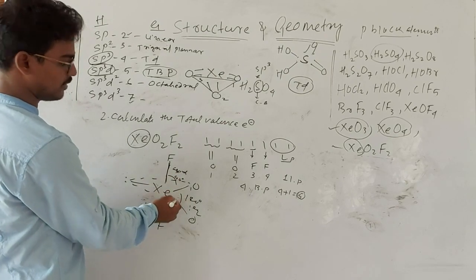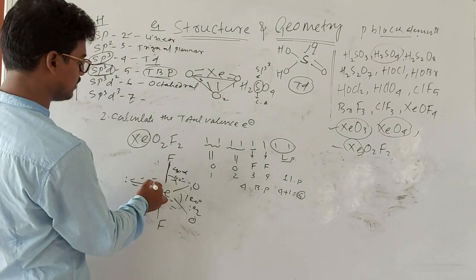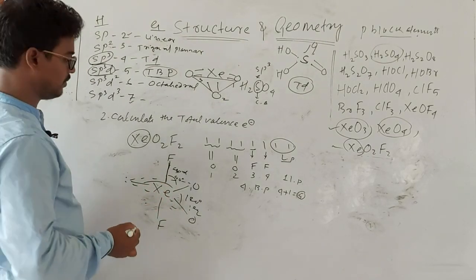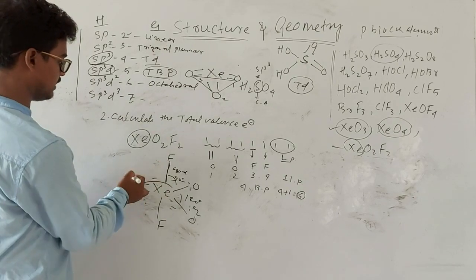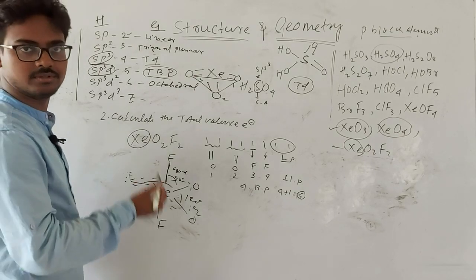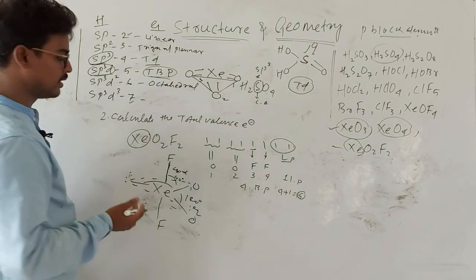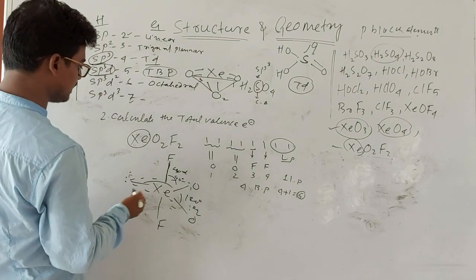So this 120 degrees minimizes the repulsion between bond pairs, and also bond pair-lone pair repulsion. If you keep fluorine here, this fluorine and this fluorine are at 90 degrees. So 90 degrees will cause more repulsion, and due to the more repulsion, this structure will be destabilized.